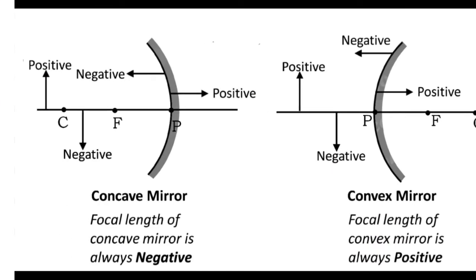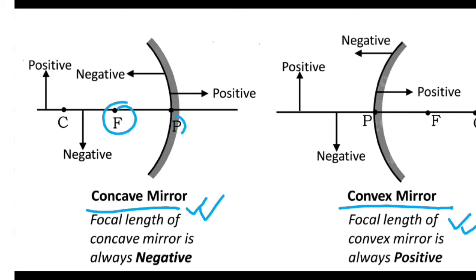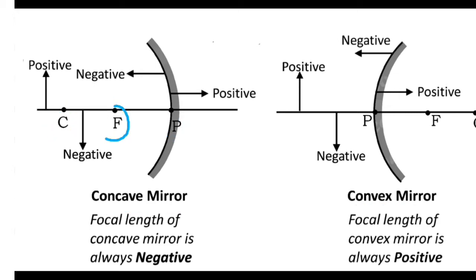Now look here, we have two mirrors, again concave and convex mirror. If we apply this sign convention in a concave mirror, you will see this is the focus, this is the pole, and this is the center of curvature. This focus is lying on the left side of the mirror, that is from pole to the left.